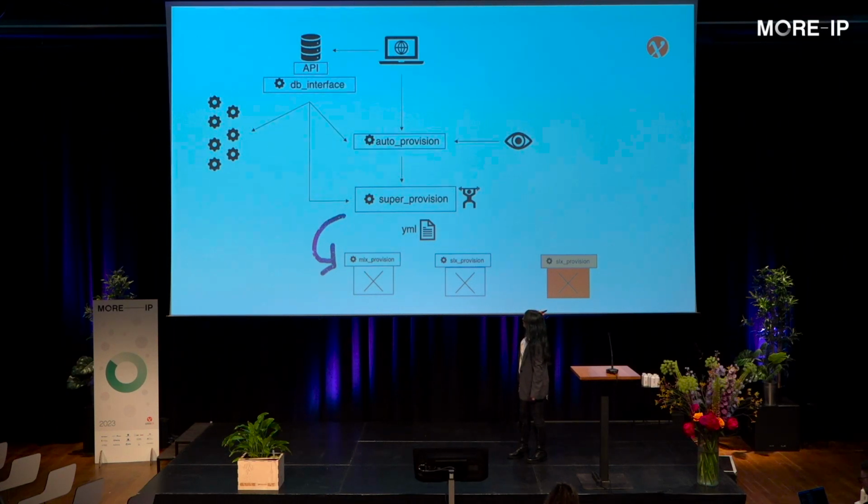Juniper is in Python, so they cannot read it, but it doesn't matter, because super provision looks at it and generates a YAML file with all the commands it needs and all the information from the database previously digested. So then we can call the SLX provision in any way we want. We just started, so right now we are just doing a call on the command line, but we can do it any way.